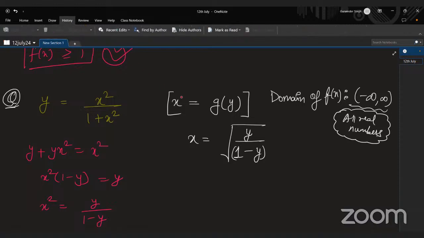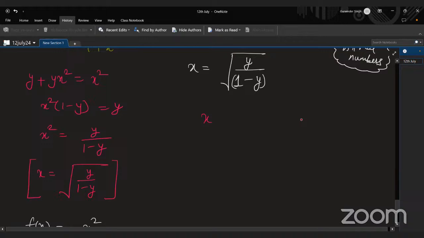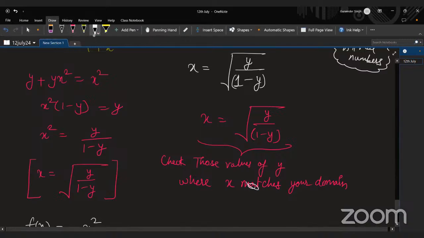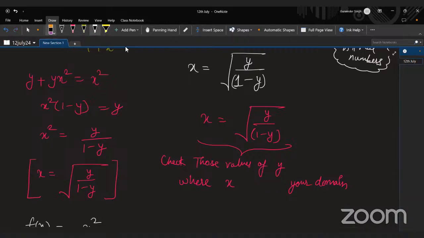Okay. So now I have written x is equal to under root of y divided by 1 minus y. I need to check for those values of y where x matches your domain, or rather, in more technical words, you can say x is a subset of your domain.